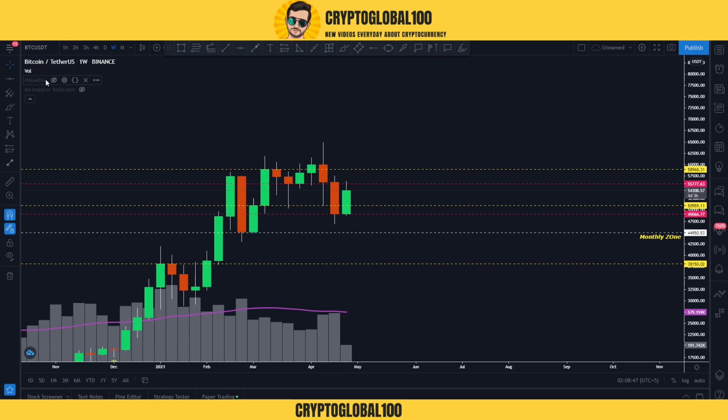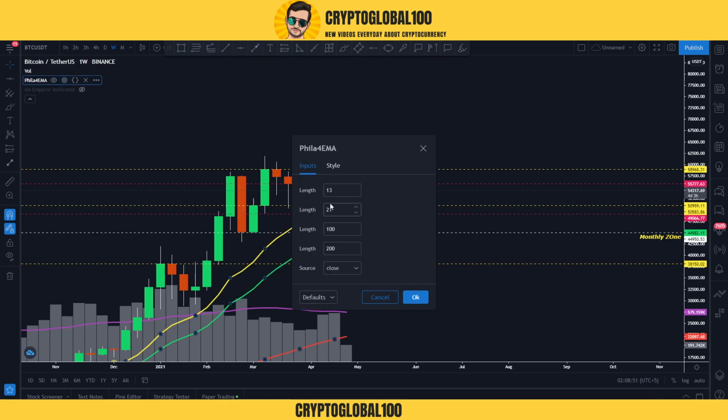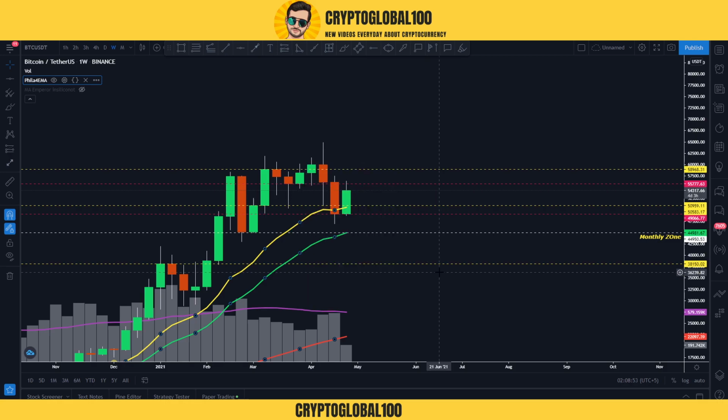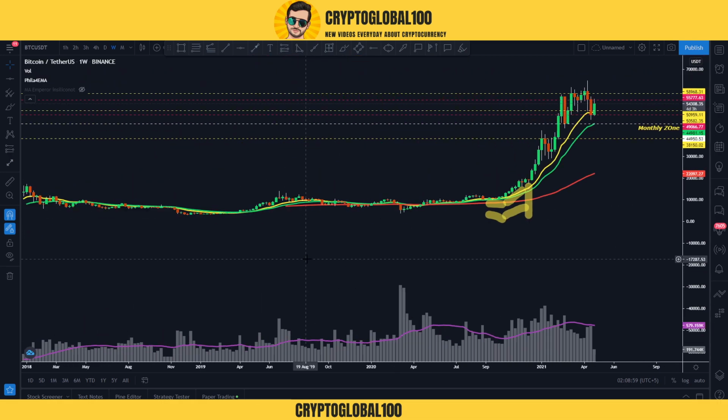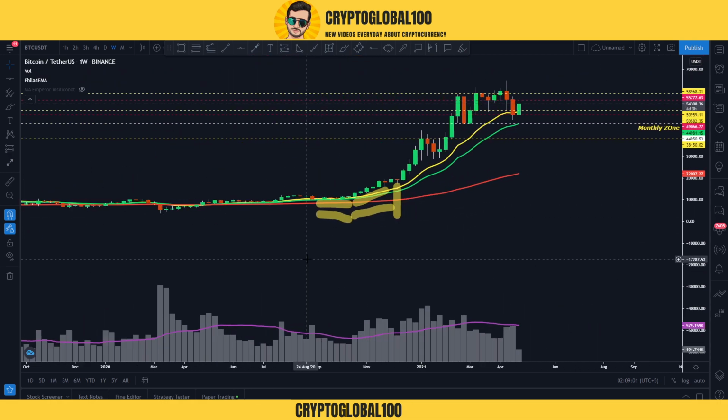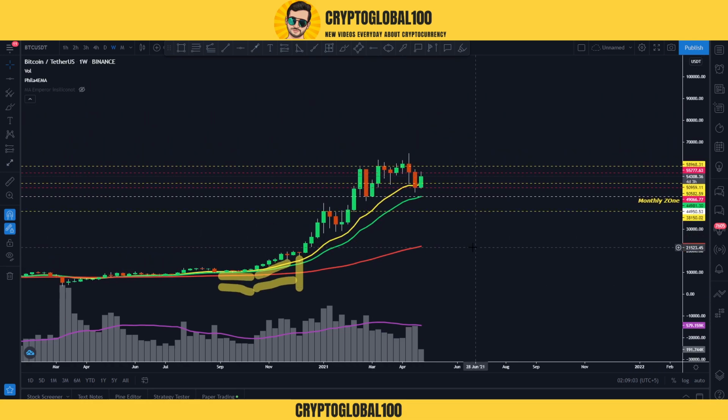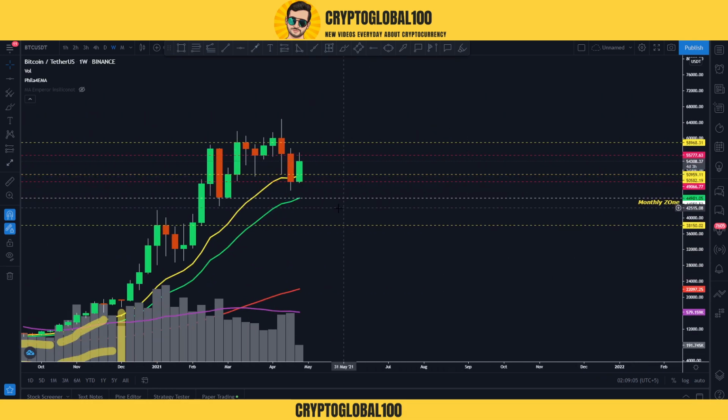If we draw some EMAs here, I have the 13, and we are bullish, super bullish, let me tell you guys. The red one is the 100 EMA, and we are on the 13 EMA.